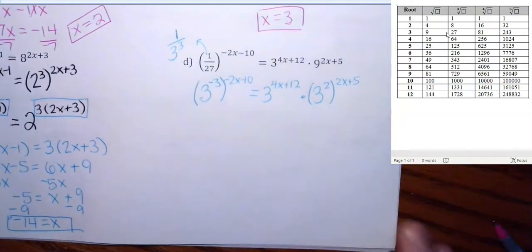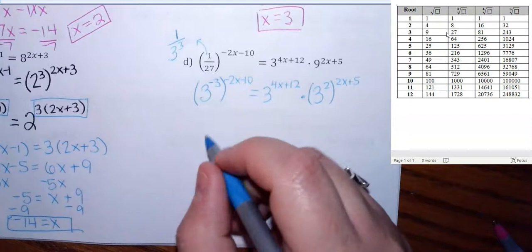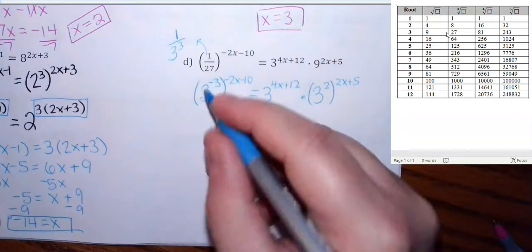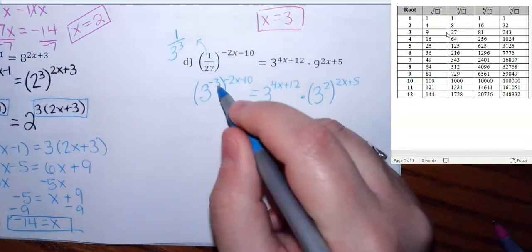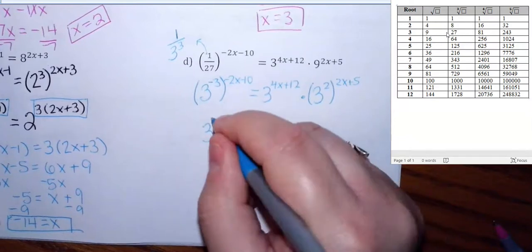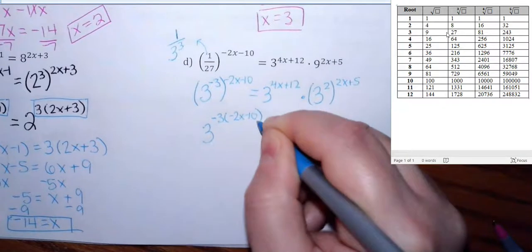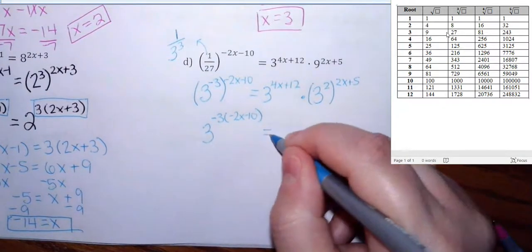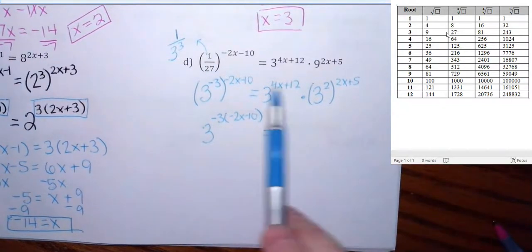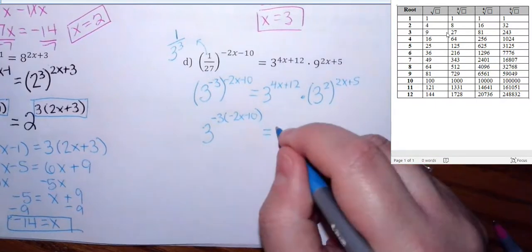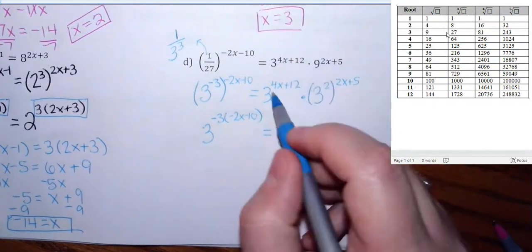Okay, and so then, let me slide this over here. What we're going to do is simplify just a little bit. Power to a power, I would multiply the exponents. So this would be negative 3 times this negative 2x minus 10. And this side is going to be multiplying like bases. If you're multiplying like bases, I'm going to add these two exponents together.